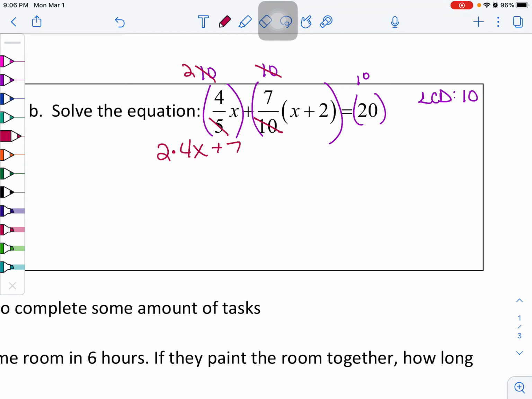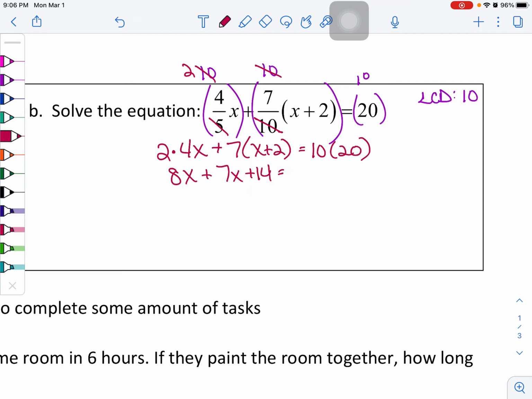So I've got 2 times 4x plus the 10 and 10 will completely divide each other out, leaving just 7 times x plus 2. And then over here, I don't have a denominator to cancel out, so I have 10 times 20. So no more fractions anymore, but I do have an equation I need to solve.